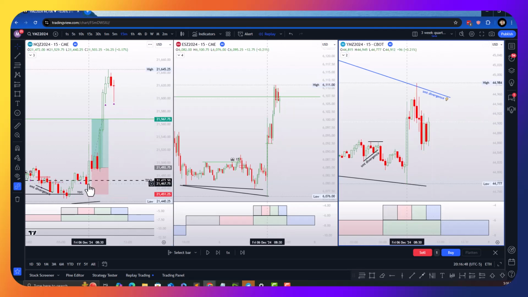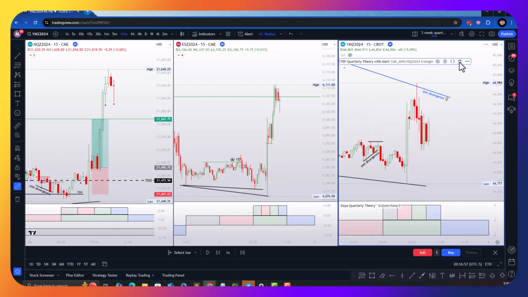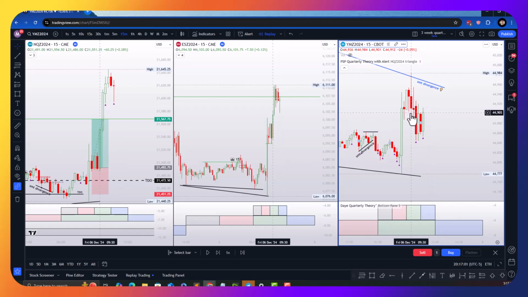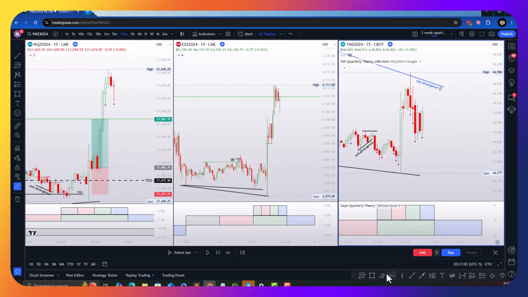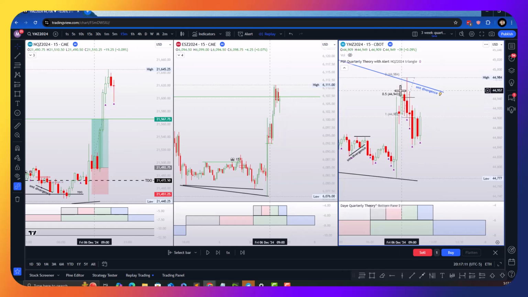Okay, so we could see a PSP candle. Copy this. Okay, so this is a PSP candle. We could maybe look at the 50% of this and find our entry here on this next candle.